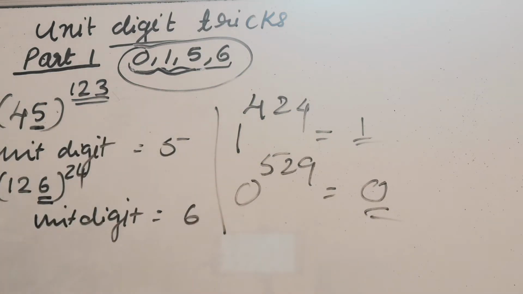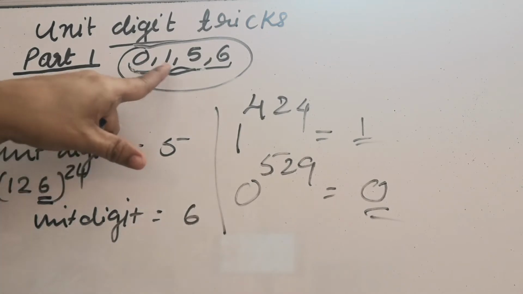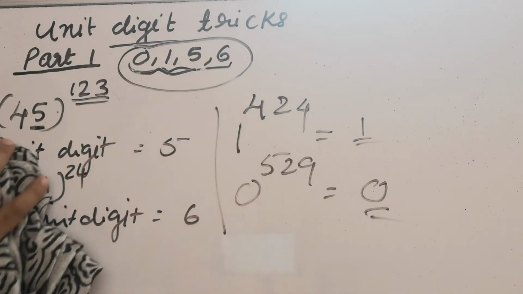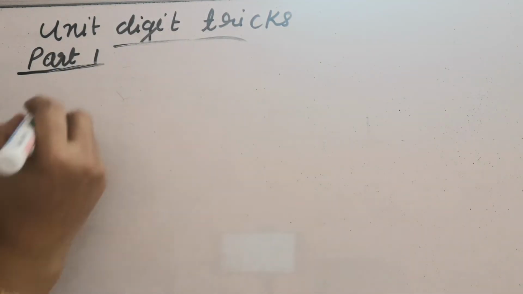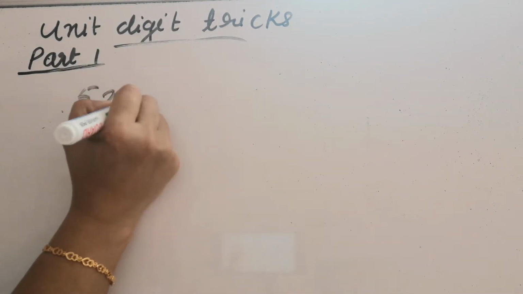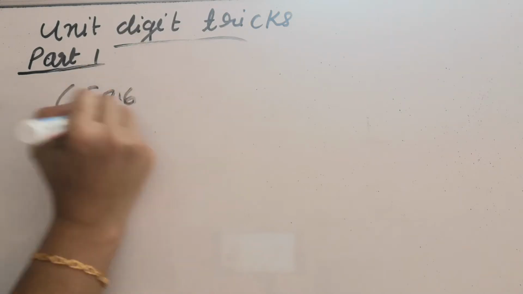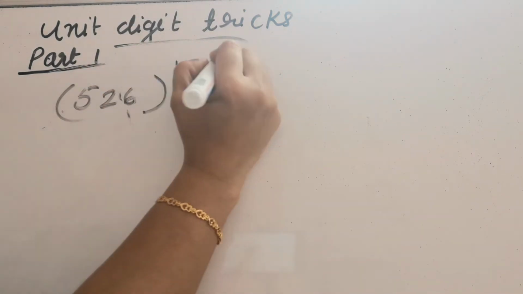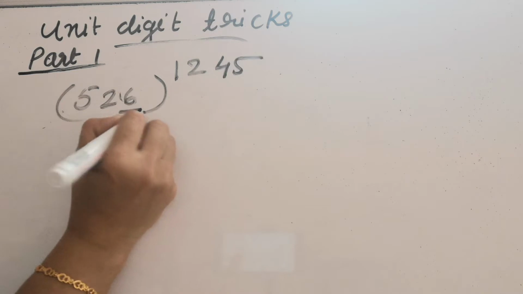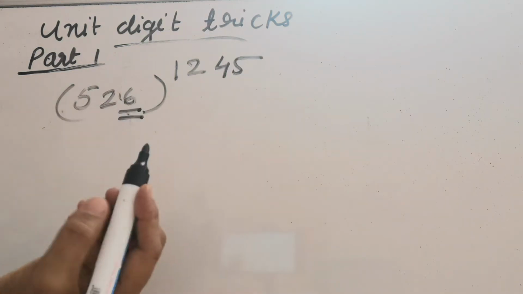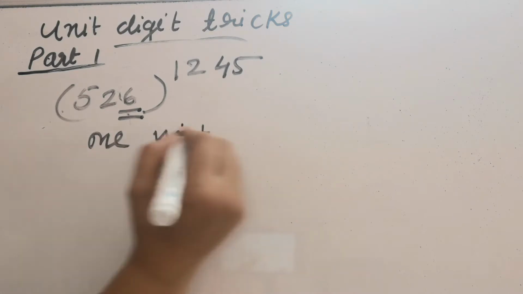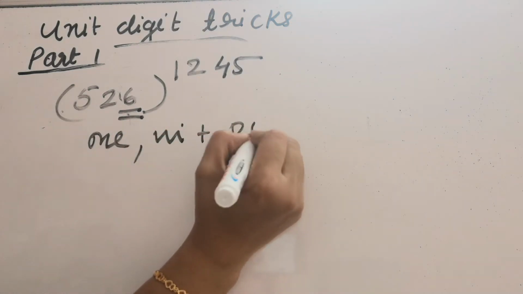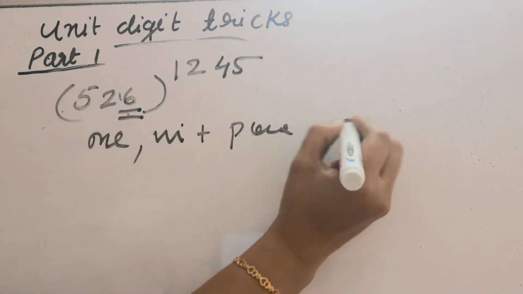Clear? Then we have to use this method only for the numbers ending with 0, 1, 5, 6. So, other examples for the same section. 526 raised to 1245. This number is ending with 6, so its ones place number is 6.